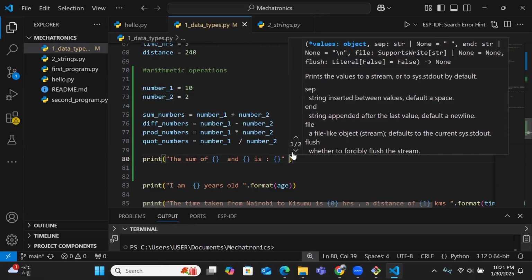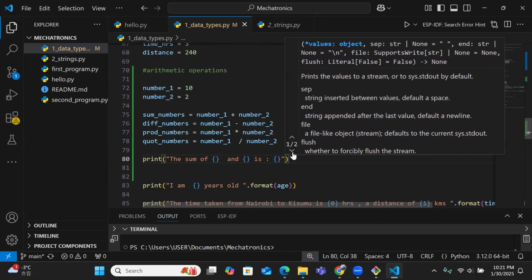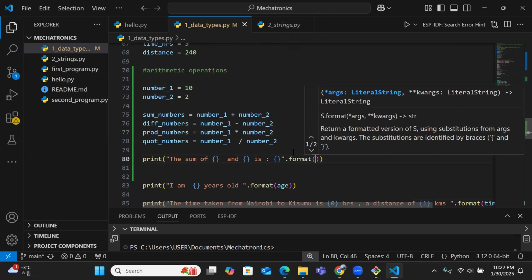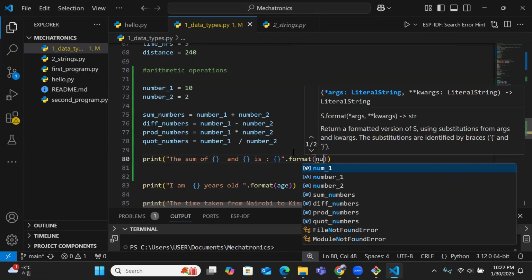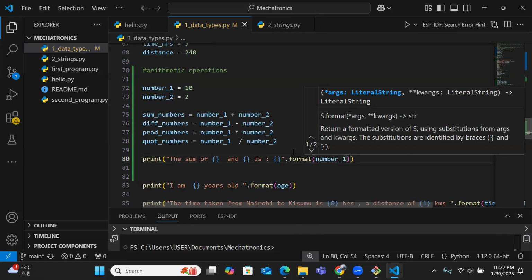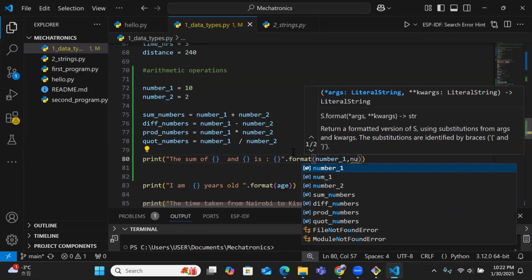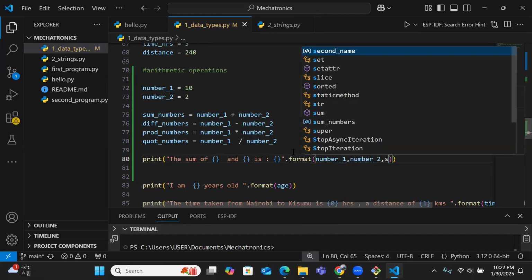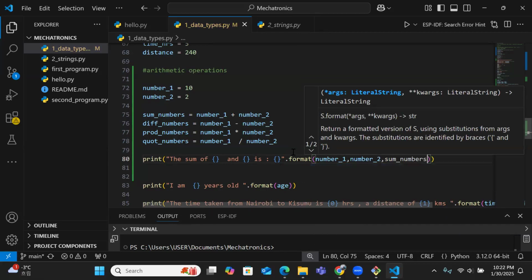Then you use the format, and you say the sum of, number1, comma, and number2 is equal to sum numbers.